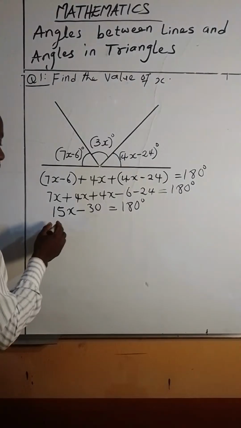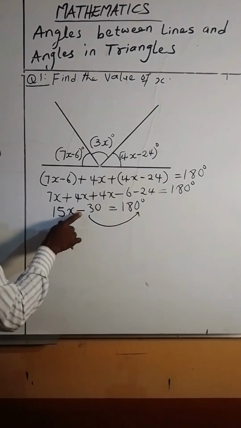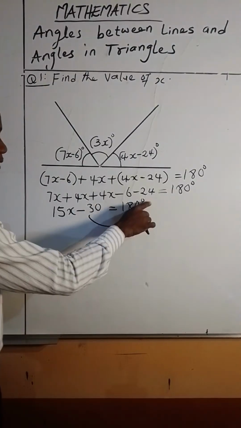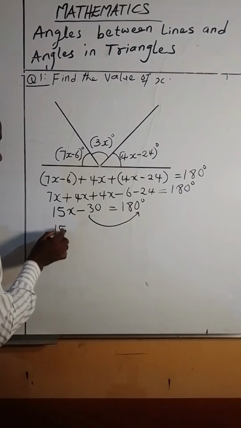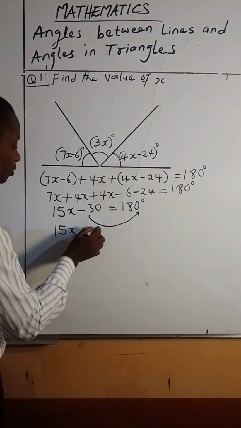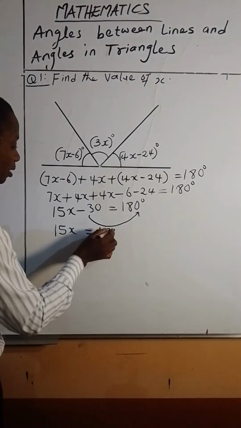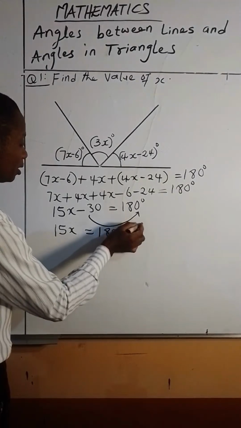All right, so then we move minus 30 to the other side. So we'll be left with 15x equals 180 degrees minus 30 in degrees.